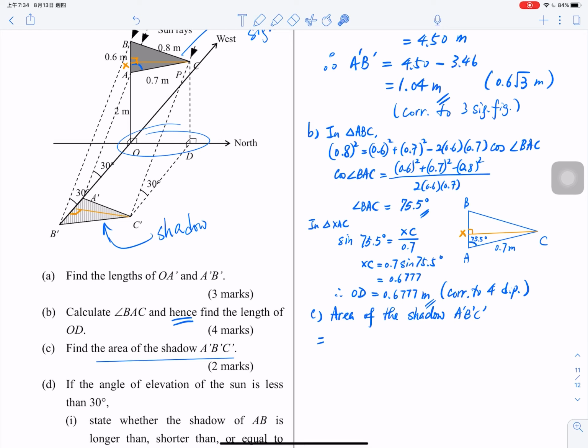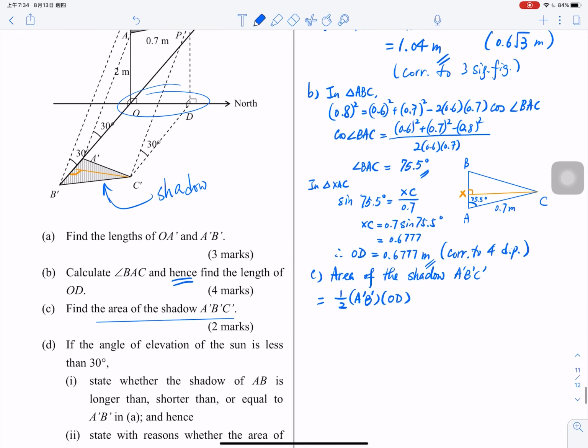At the same time, OD is also the height of triangle A'B'C'. So not difficult, right? A'B' times OD, correct. So at the end, 1/2 times 1.04 times 0.6777.